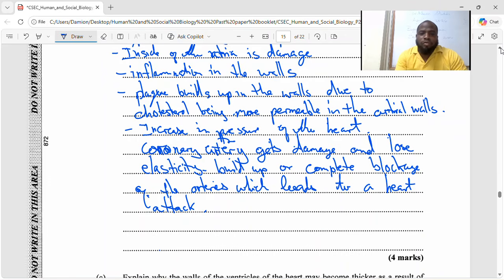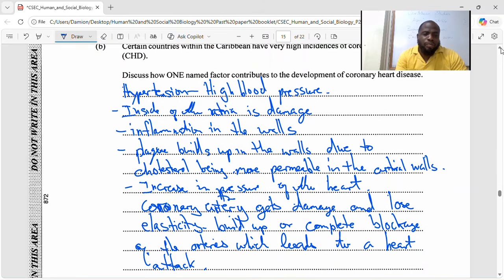So when you examine hypertension, high blood pressure, which is even influenced by the amount of salt in your diet, inside of your arteries the walls get damaged over time, and because of that you now have inflammation. To deal with the inflammation, things are sent to the walls to help, which allow the walls to become even more permeable to cholesterol.